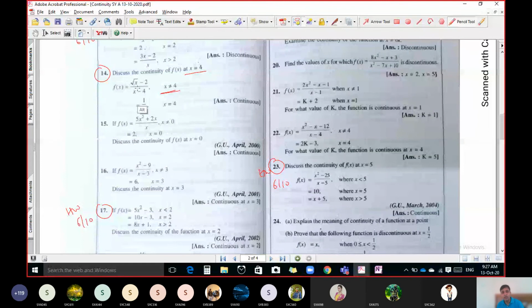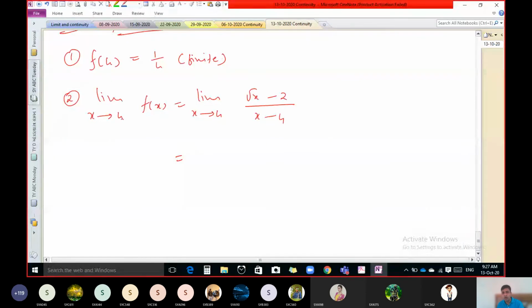Ultimately, we want to find the limit x tends to 4. That is our main objective. But the function remains the same for either more than 4 or less than 4. So no need to find the left hand side and right hand side limits separately. If we calculate, you will get the same answer. Okay. Now what do we have to do?